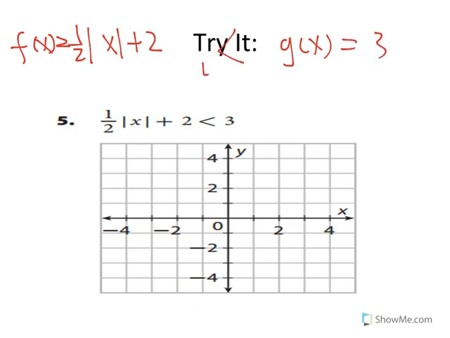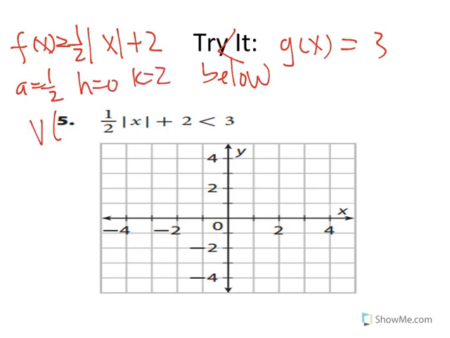So less than, so we're looking for below the graph. So our A is 1/2, B is 1, H is 0, and K is 2. So the vertex can be at 0, 2. I'm going to go from 1, 1 to xb plus h, ya plus k.